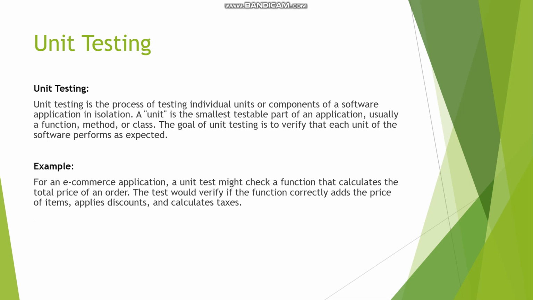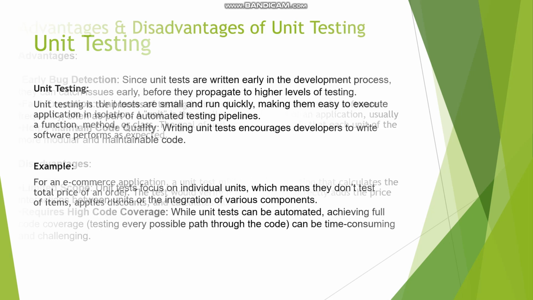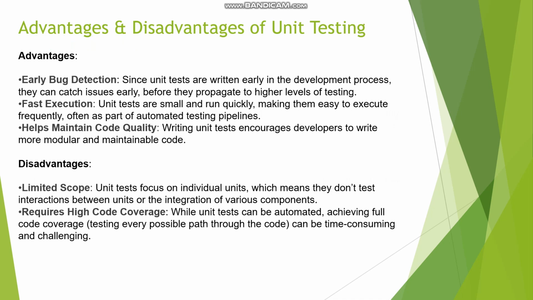Next is advantages and disadvantages of unit testing. Advantages are early bug detection. Since unit tests are written early in the development process, they can catch issues easily before they propagate to higher levels of testing.